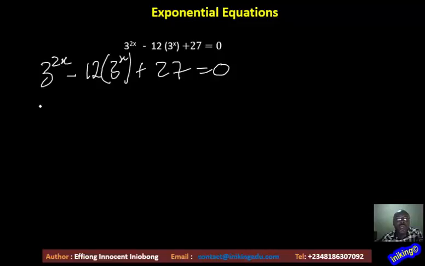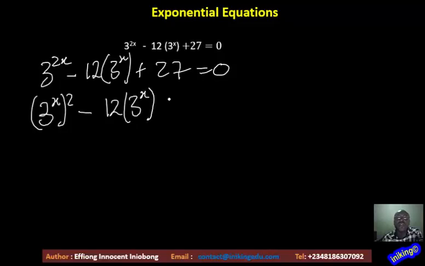I think so. I use the idea of multiple indices and put my x in there, and I take the 2 outside. Yes, x times 2 will still give me my 2x. So I've done nothing there. Minus 12 into 3 raised to the power x plus 27 is equal to 0.